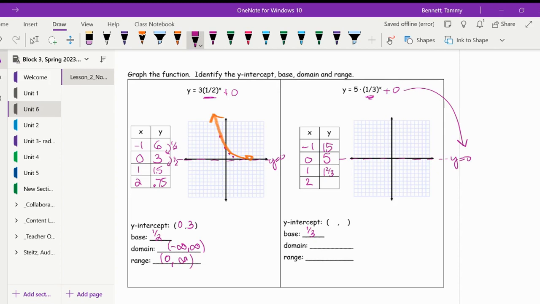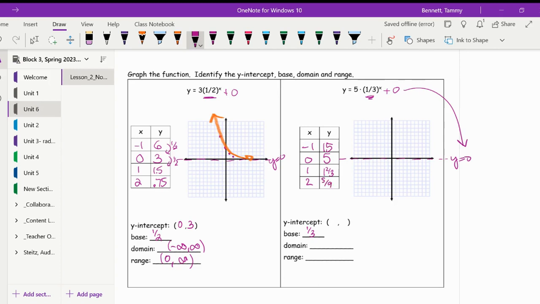And 2, let's use a calculator. 5 times 1/3 squared. And you get 0.55. Making that a fraction, it looks like 5/9.